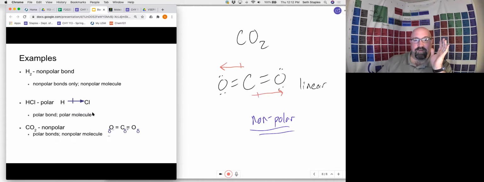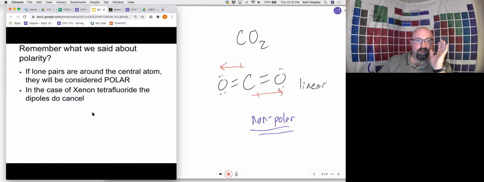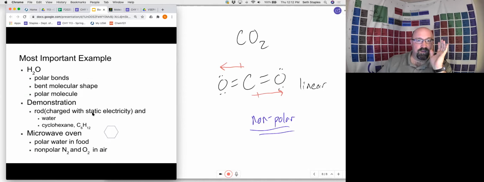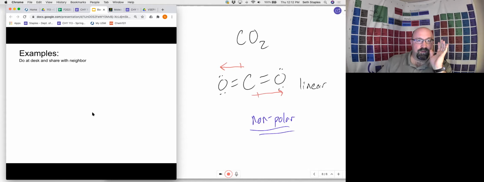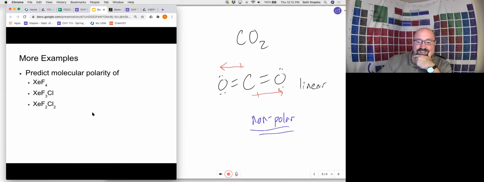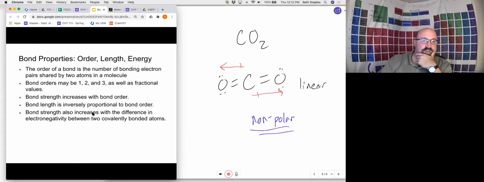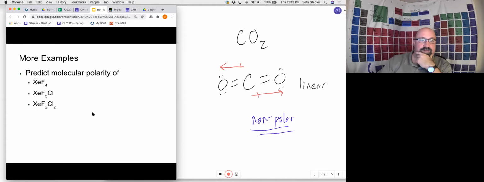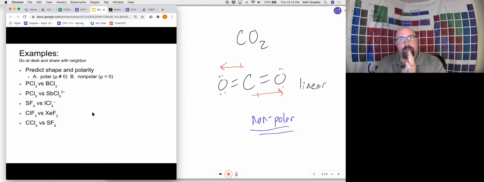And so I think we're going to pretty much stop there for today. Let me see if there's anything more that I really... No, nothing more that I really want to go over. But go ahead and try these examples in here. And so try to find out what the shapes and polarities of each of these different molecules are. So try these, PCl3 and BCl3, BCl5 versus SbCl5 2-.